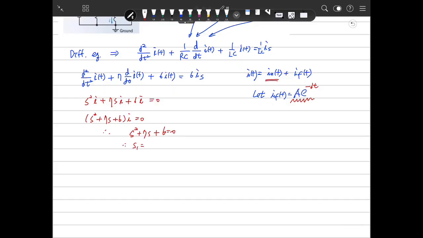Therefore, s1 is minus 1 and s2 is minus 6. What's the meaning of this? We call the natural response i_N(t), which is a function of A1 exponential minus t plus A2 exponential minus 6t. So that is a problem. One form of the natural response, exponential minus 6t, is the same as the forced response.